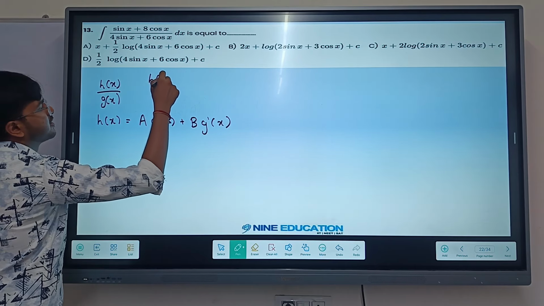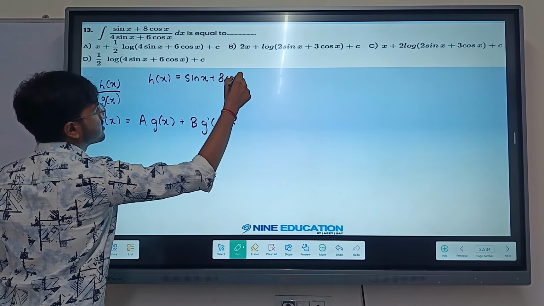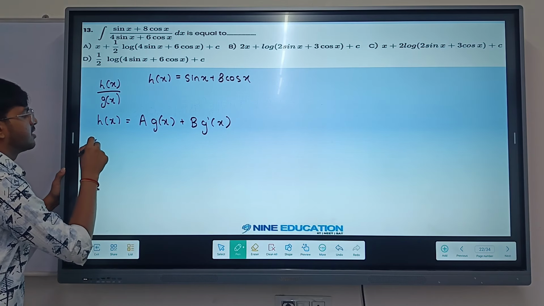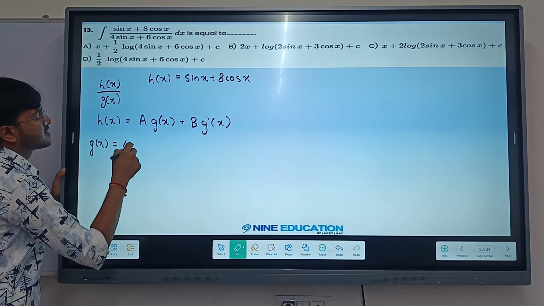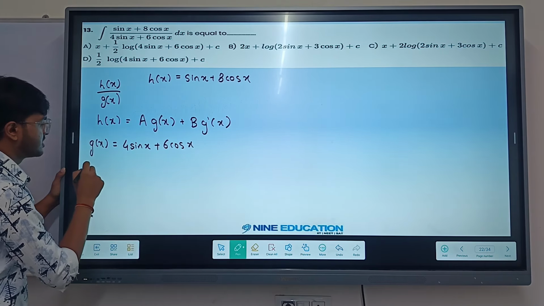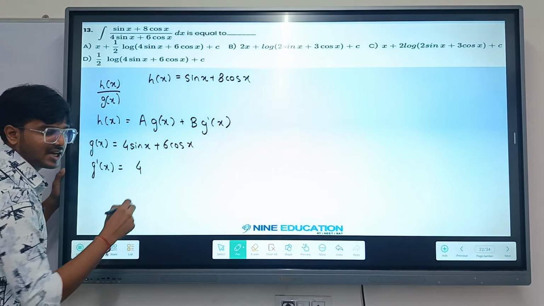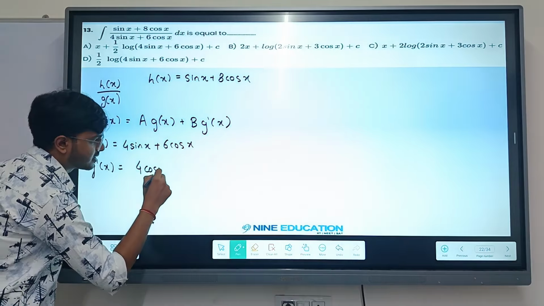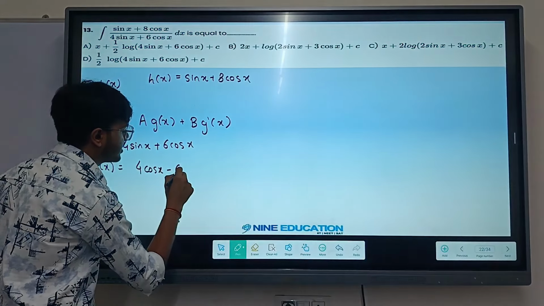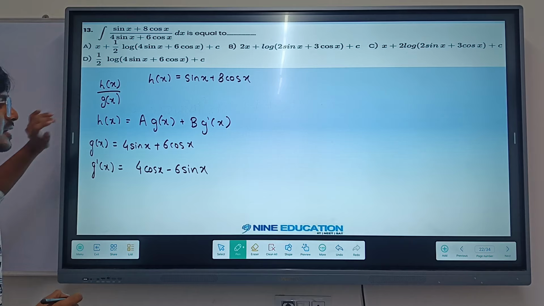So h of x, the numerator, would be sin x plus 8 cos x. And what is g of x, the denominator? 4 sin x plus 6 cos x. If I differentiate, g dash x: what is the differentiation of sin x? Cos x. Differentiation of cos x is minus sin x. So 4 cos x minus 6 sin x. Substitute here.